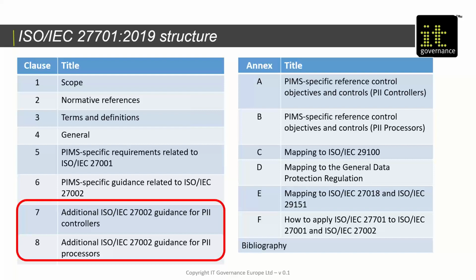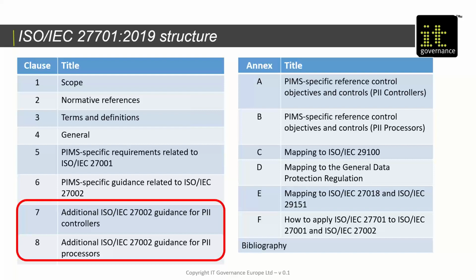The final 2 clauses in the PIMS standard, clauses 7 and 8, provide additional privacy-specific guidance for PI controllers and PI processors respectively. This guidance covers the areas of collecting and processing PI, the obligations of PI controllers and PI processors, the obligations that they have to PI principals, privacy by design and by default, as well as guidance in relation to the sharing, transfer and disclosing of PI.